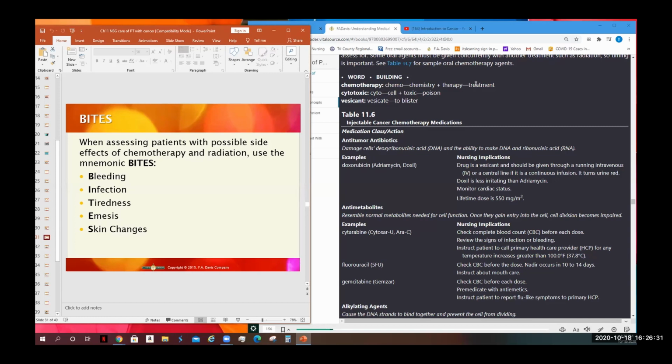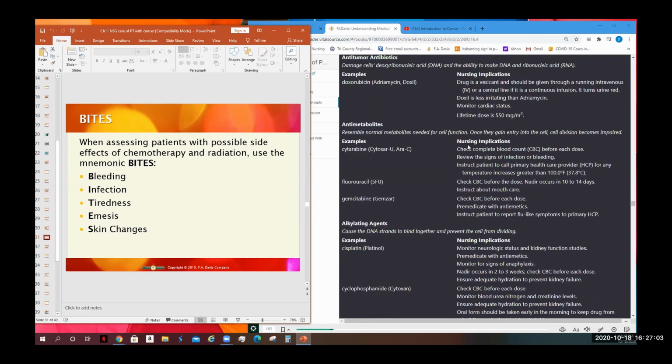The nursing implications: the drug is a vesicant and should be given through a running intravenous IV or a central line. If it is a continuous infusion, it turns urine red. Doxil is less irritating than adriamycin. Monitor cardiac status, and the lifetime dose is 550 milligrams per cubic meter.